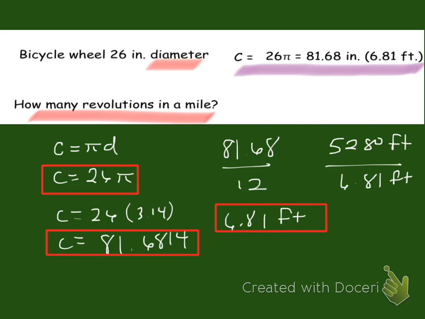And what you're going to find out is that the bike tire is going to rotate 775.33 times in 1 mile. Kind of an interesting use of circumference to figure out how many times it revolves in 1 mile. All right, let's keep moving.